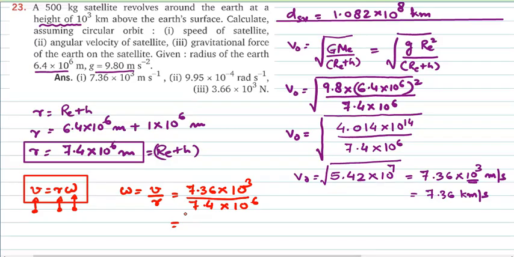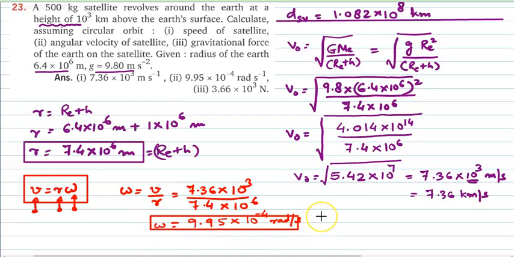Have you done that? Divided by 7.4 into 10 to the power of 6, it should come out to be 9.95 into 10 to the power of minus 4 radians per second. So this is the angular speed.